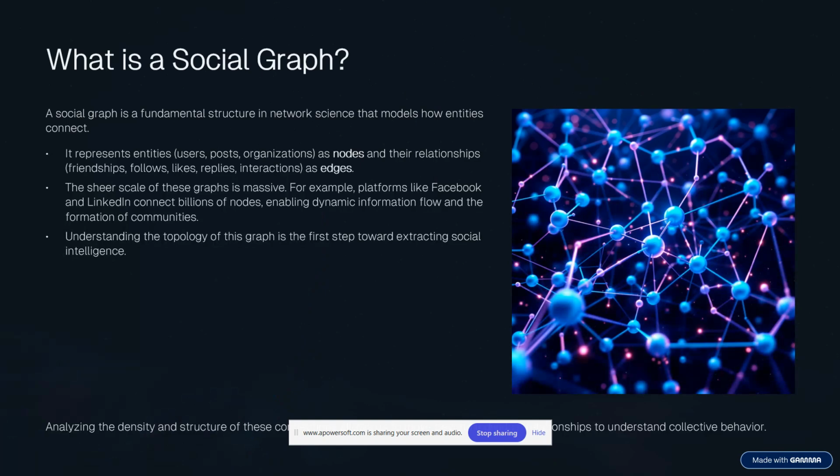The sheer scale of this graph is massive. For example, platforms like Facebook and LinkedIn connect millions of nodes, enabling dynamic information flow and formation of communities. Understanding the topology of this graph is the first step towards extracting social intelligence.